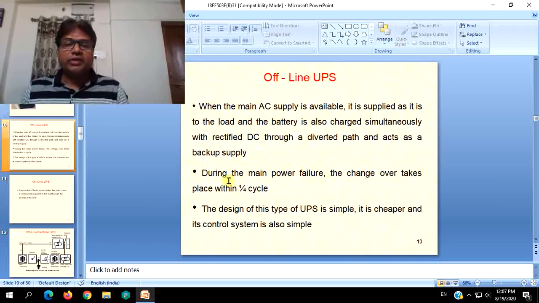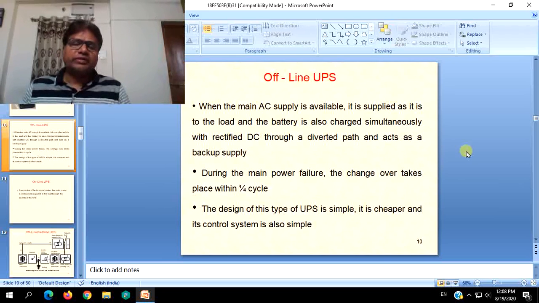During the main power failure, the changeover takes place within a quarter of a cycle. For our country, the frequency is 50 Hz. Accordingly, the time period is 1/50, that is 0.02 seconds.